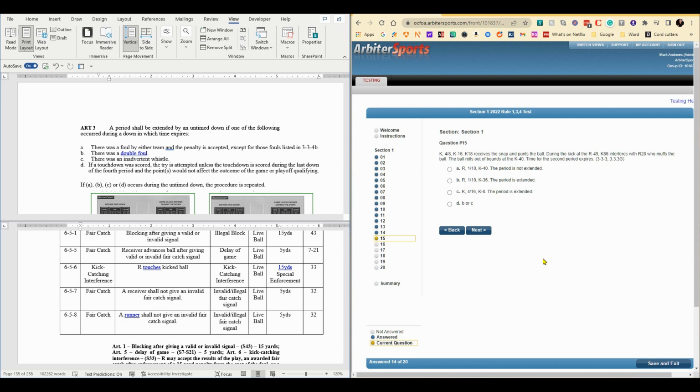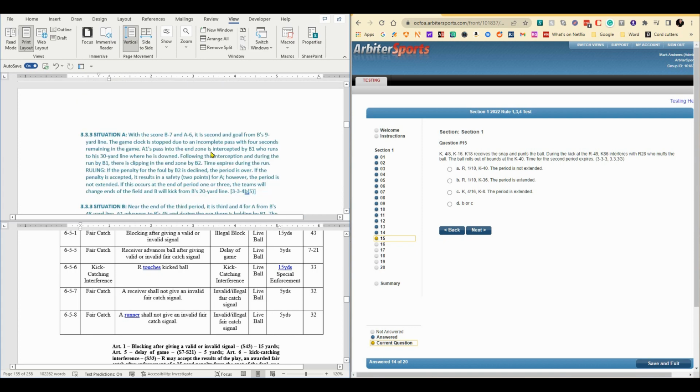This one's loaded. So the rule reference is really interesting. Just one rule reference, 3-3-3, but this is our old friend, a period shall be extended. So a foul by either team, the penalty is accepted except for those fouls listed in 3-3-4B. So we go down to 3-3-4B.